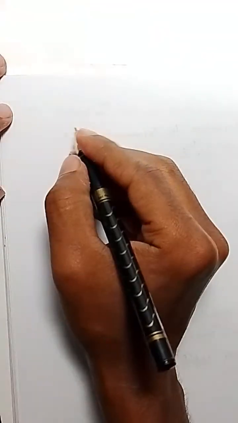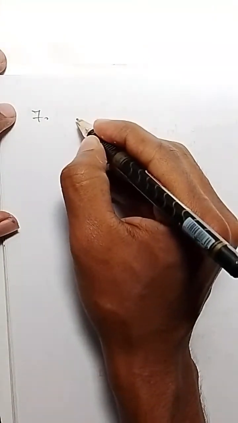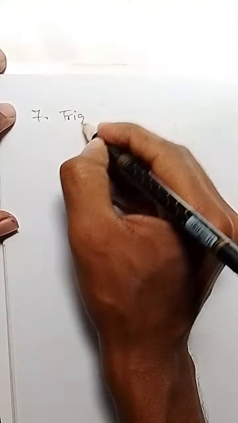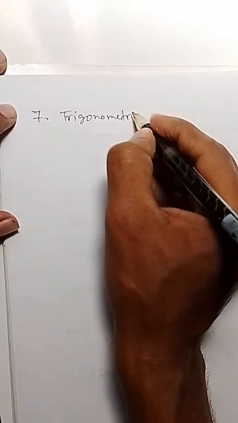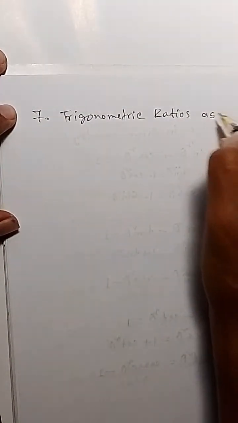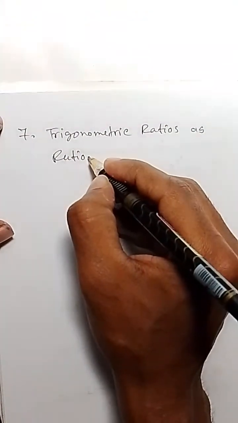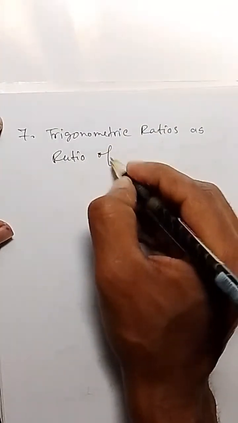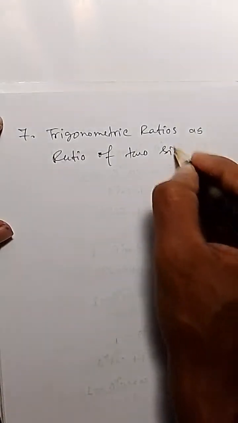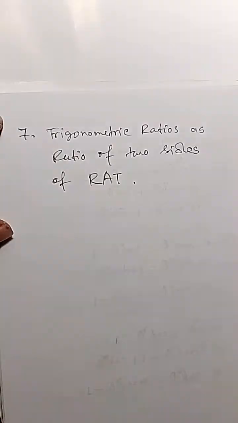So number 7 is trigonometric ratios as ratio of two sides of a right angle triangle.